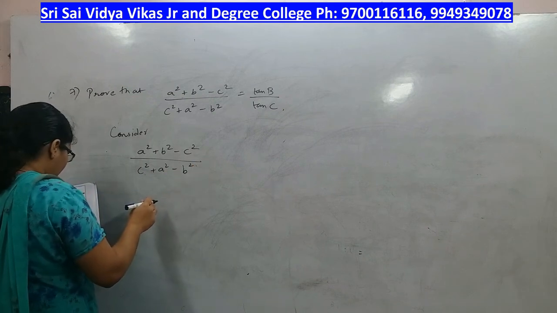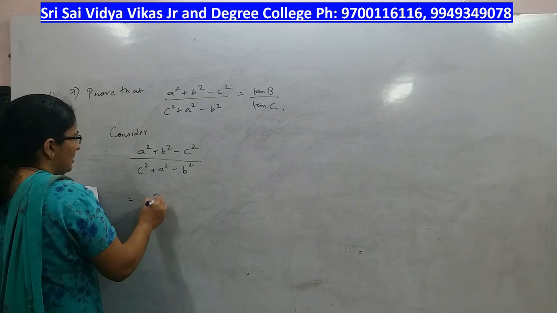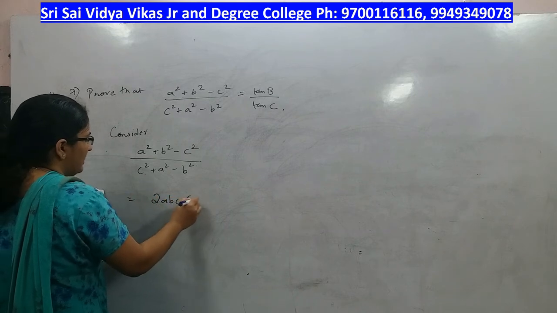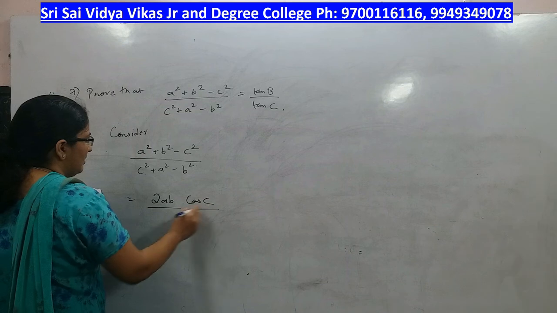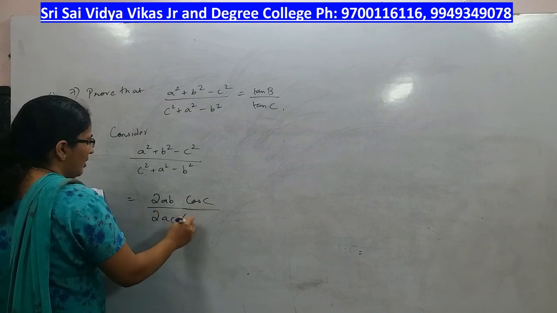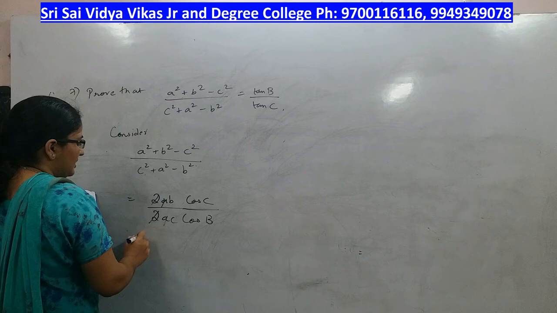Now a square plus b square minus c square is 2AB cos C. This is 2AC cos B. A cancel, 2 cancel.